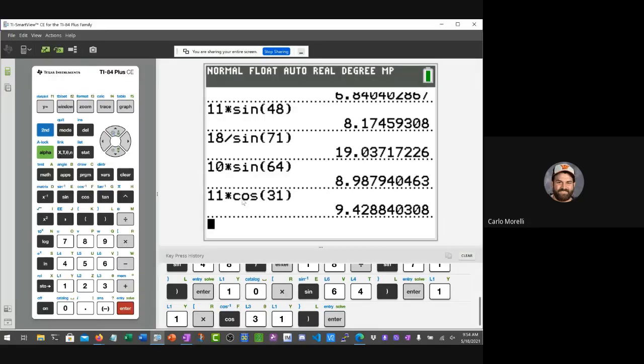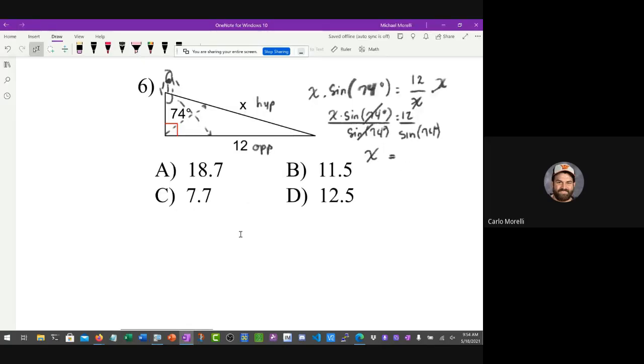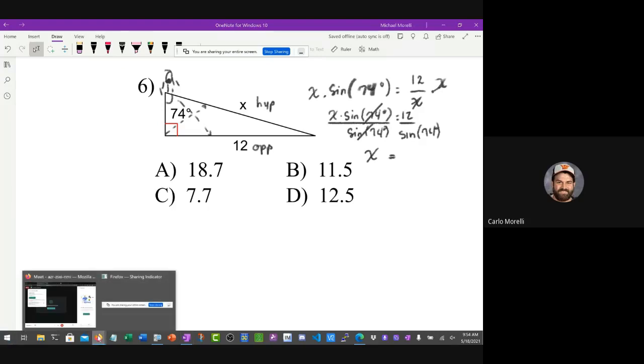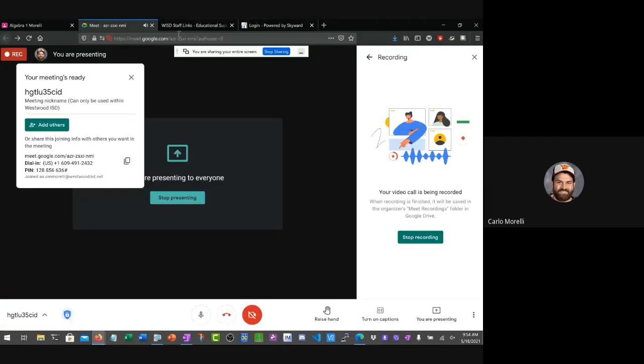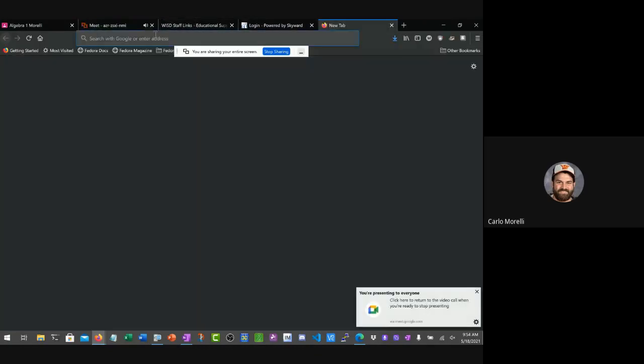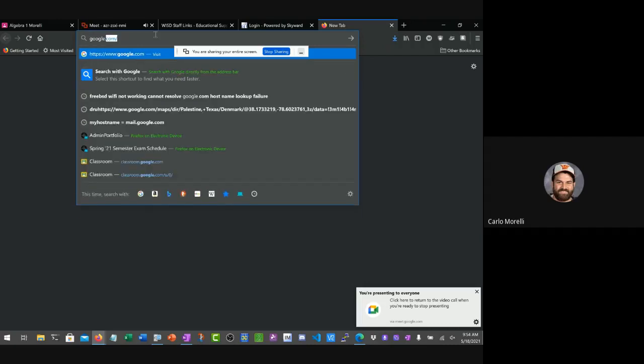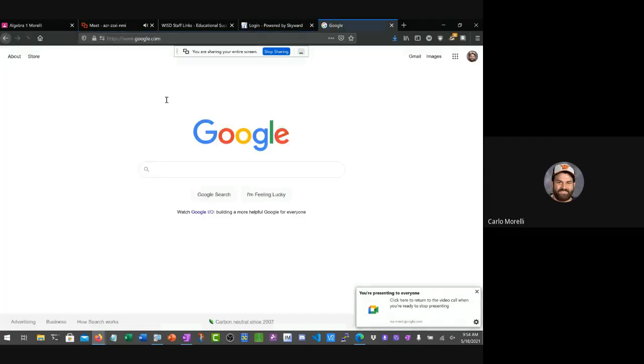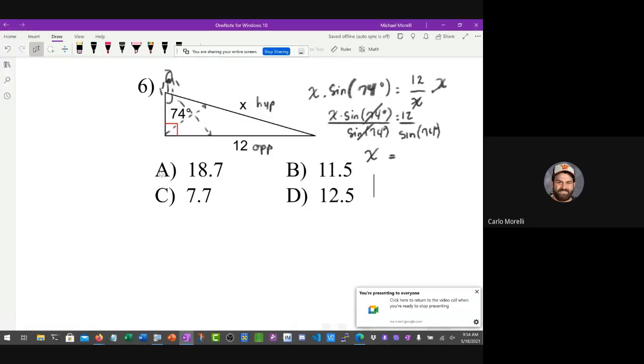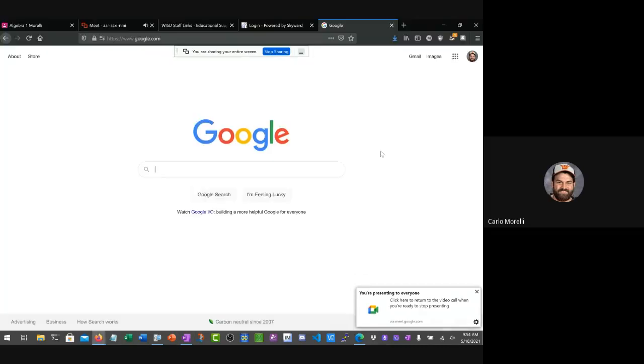And just for fun, because I know that not everybody has a TI graphing calculator at home, I want to show you something. The Google search engine actually has a built-in calculator that works. So what we need to do is compute 12 divided by the sine of 74 degrees.